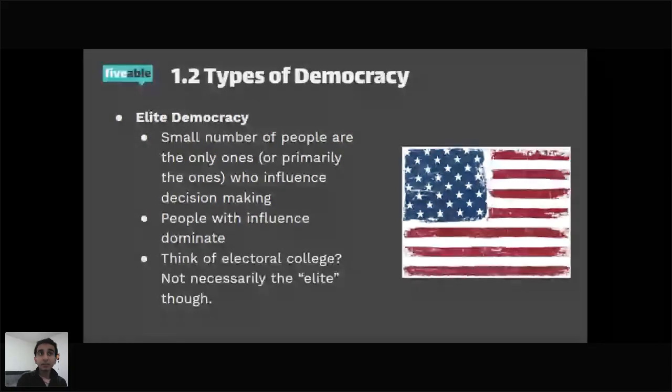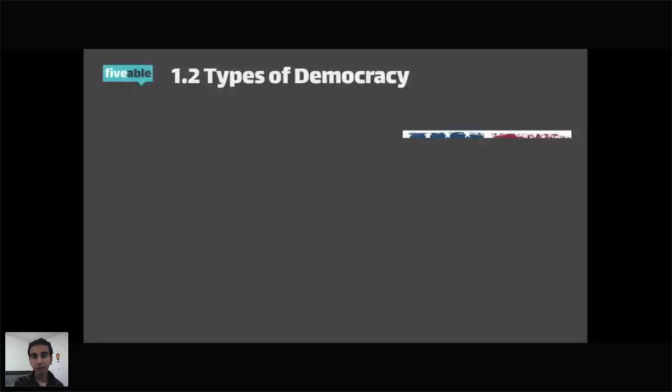Now, in modern days, the people that are a part of that electoral college are probably not all wealthy, and don't form part of that elite. However, in terms of what the electoral college is, it is a small group of people that make the decision for the population. So although we know the electoral college votes with the states, they are still a small group of people. So we don't directly elect the president. So that's something to think about with elite democracy.